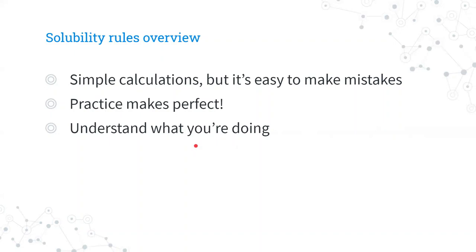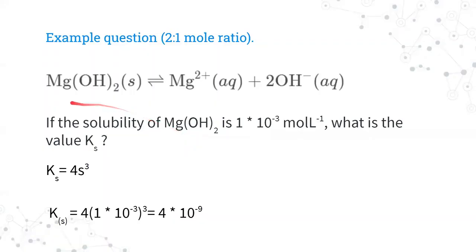So for example, they might not ask you for the concentration of the reactant. They might not always ask you this style of question where you have to calculate Ks. They might ask you to work backwards to calculate the solubility of magnesium hydroxide. Or they might ask you to calculate the concentration of the Mg2+ or the OH−.